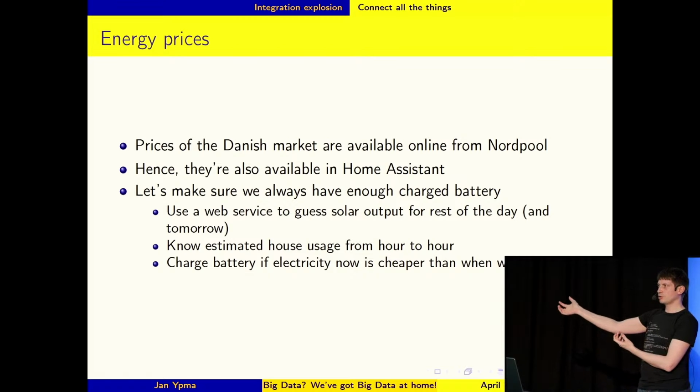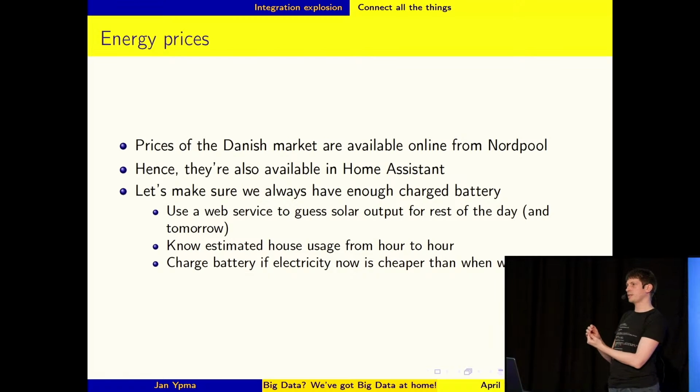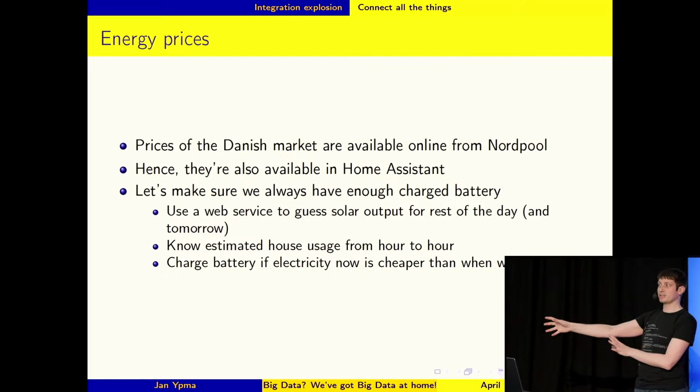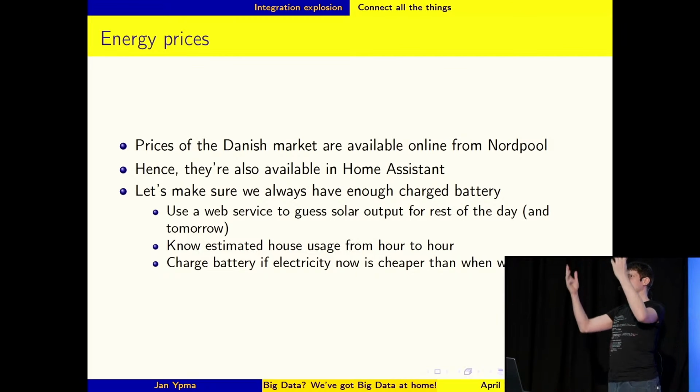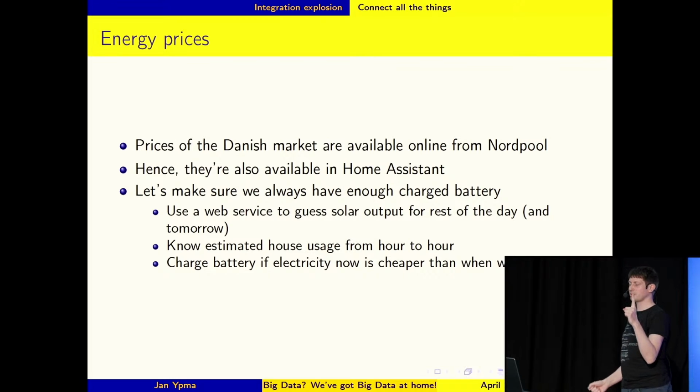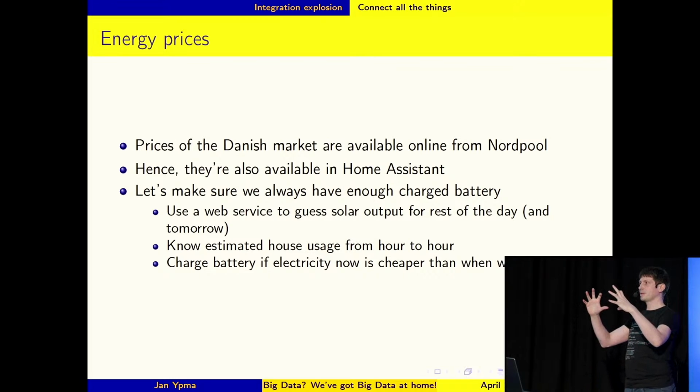So what Home Assistant is now doing for me is looking at the day ahead and looking at the energy prices there. It looks at different web servers as well to see how much sun we can expect to get. It looks back in time, like how much sun have we gotten in the last 3 days, and then sort of tosses that into the air, without any AI, I might add, and makes a rough guess.